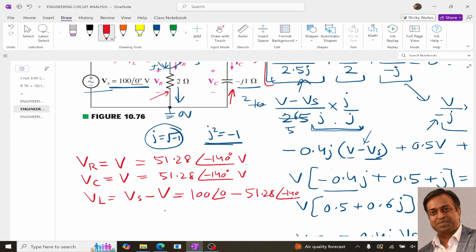So how are you going to solve this? To solve this, first you need to convert these polar forms into complex number form, rectangular form.